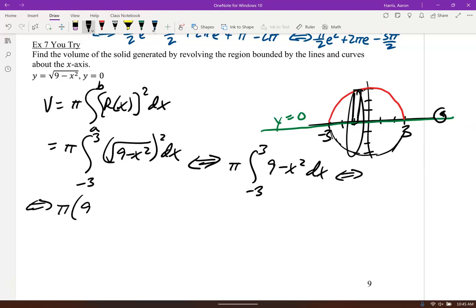So we got 9x minus x cubed over 3 from -3 to 3.